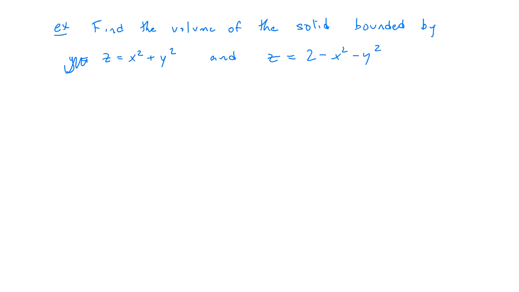So we're going to find the volume of the solid bounded by these two. So try to draw it. So we have the paraboloid that I can certainly draw. And then I also have the paraboloid going down.